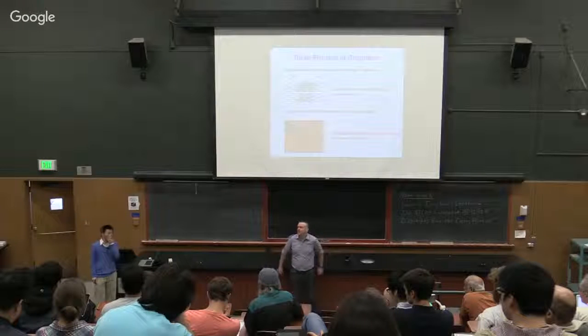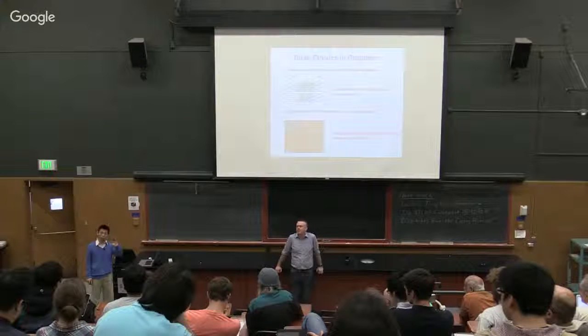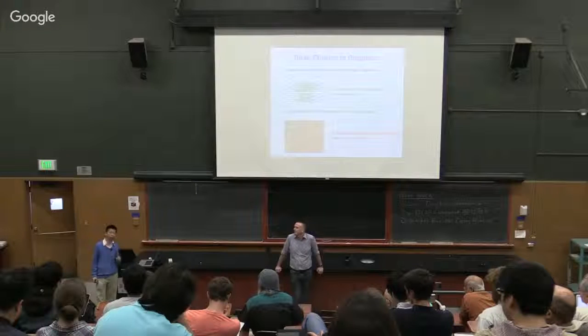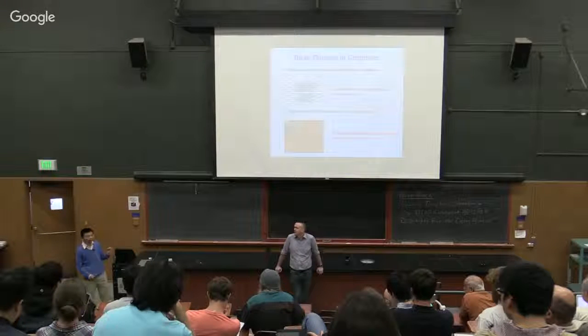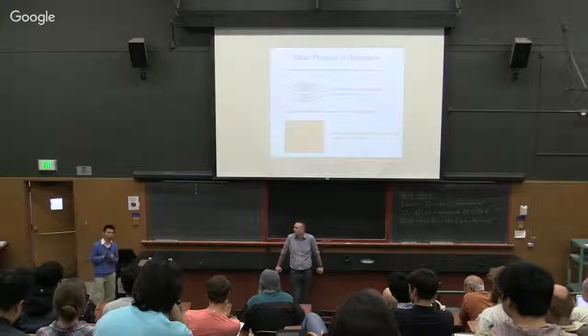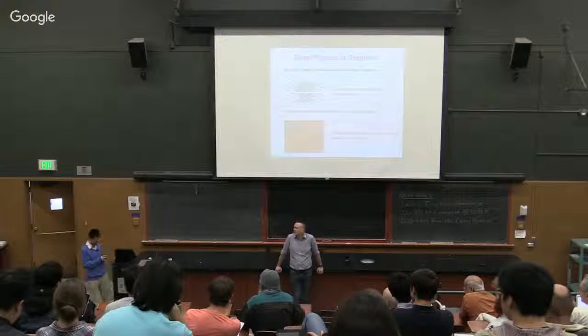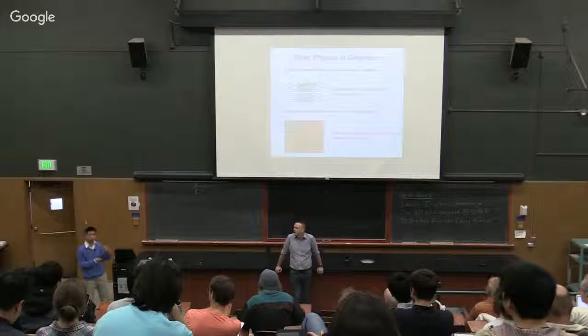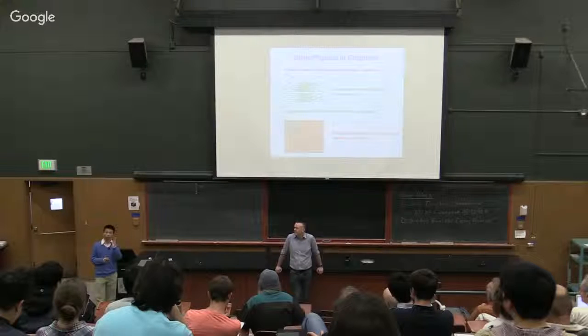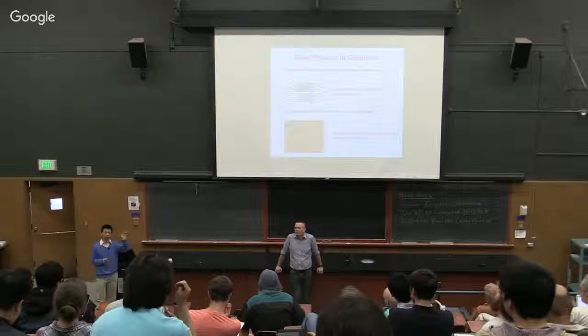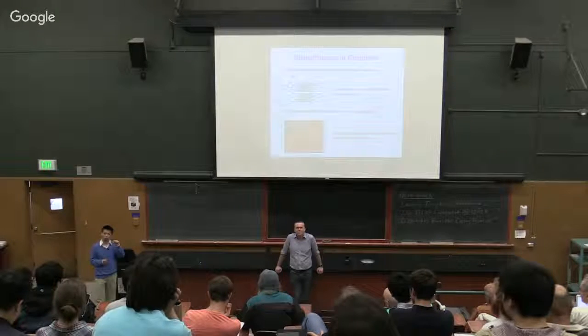Okay, so the question is, what's the exact Hamiltonian of bilayer graphene when you create a finite mass? The way I described it, I tried to simplify it a little bit. In reality, when you open a band gap in bilayer graphene, the delta and the negative delta terms are the same.